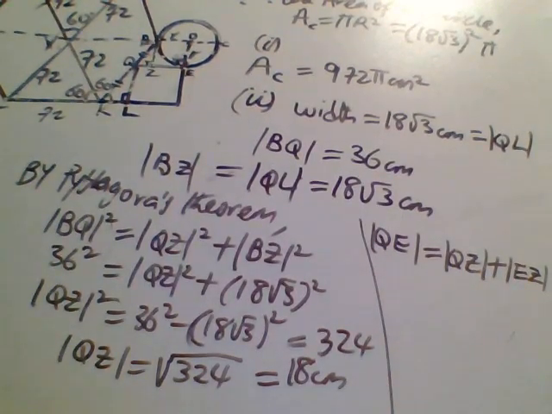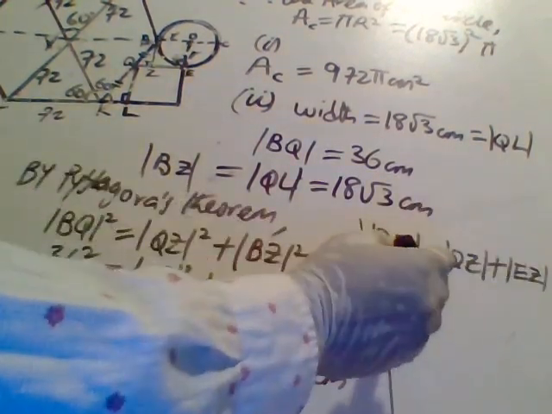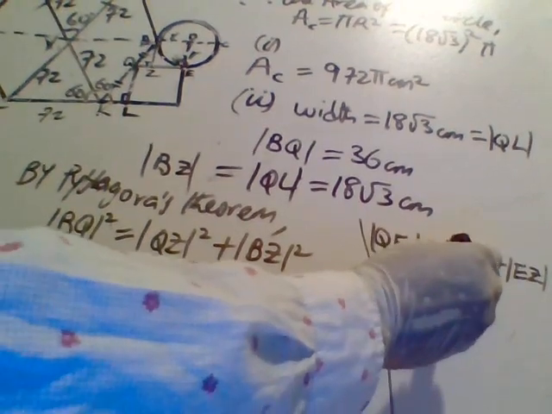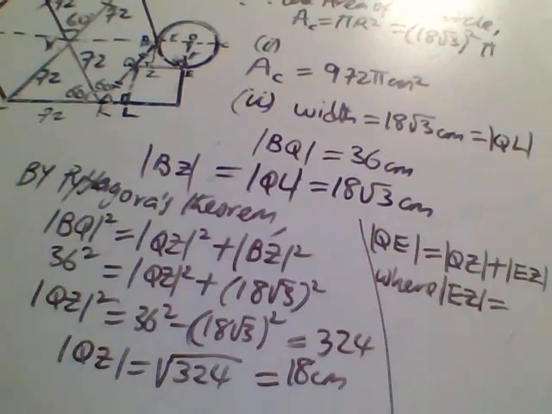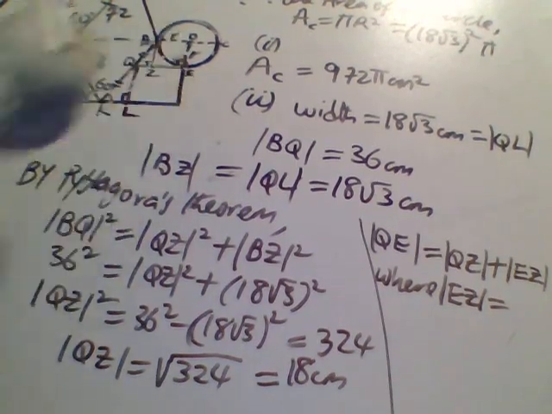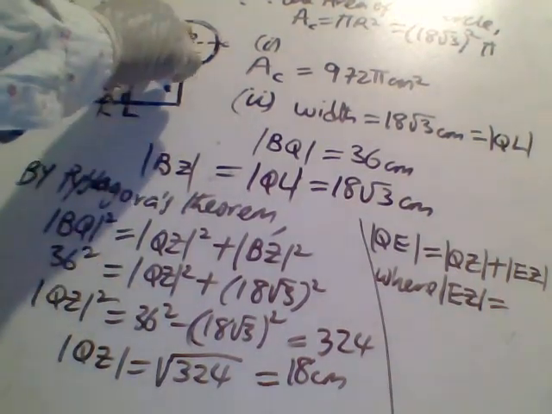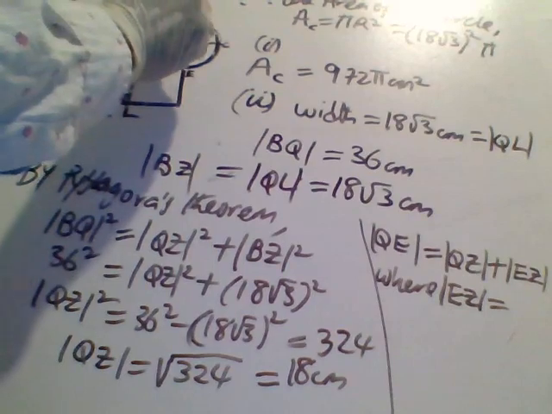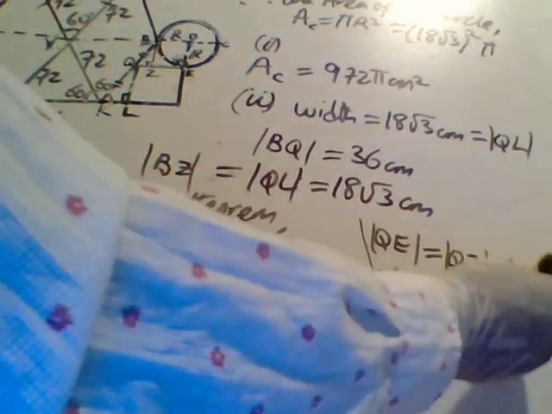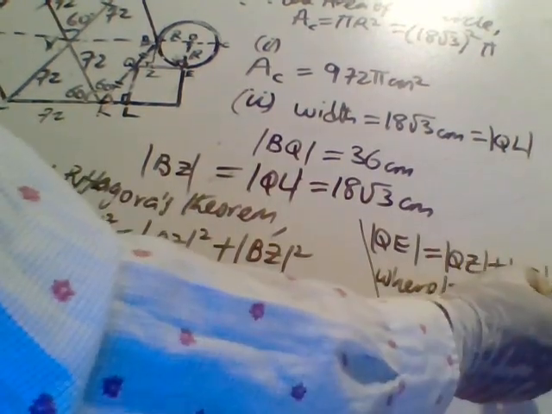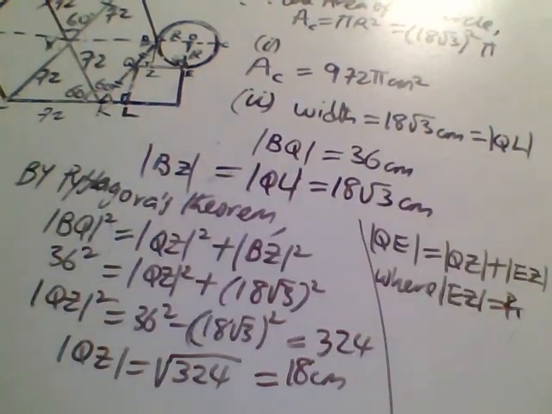And we know that EZ is equal to the radius of the circle. I'm using big R, so it's equal to R, the radius of the circle.